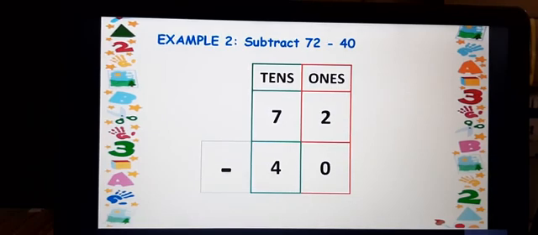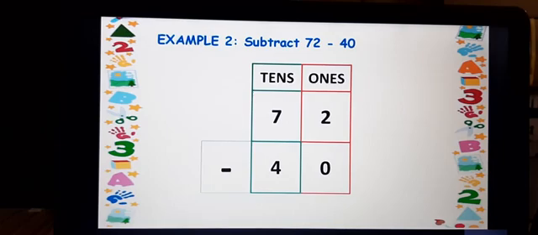Now what do you have to do? The first one, ones place, 2 minus 0. Any number minus 0 will be the same number, because first we have the ones place, the first number is 2, the greater number is 2, the smaller number is 0. So 2 minus 0 will become 2 itself. But 0 minus 2 will be different. Don't get confused, children.